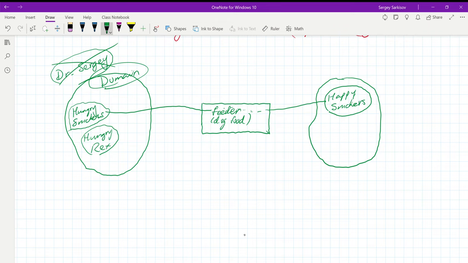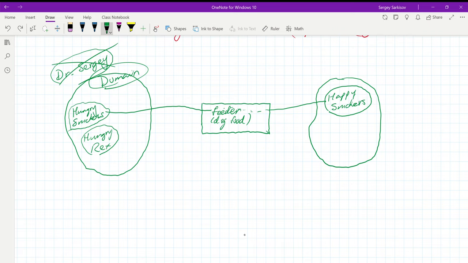Yeah, I know it's kind of silly, but really think about it that way. And he's going to become a hungry Snickers again, and maybe grumpy Snickers too, right? So if you go this way, and this was an inverse function, then you would get that Hungry Snickers back. That would be the inverse, the F inverse function that we would talk about later in the class.